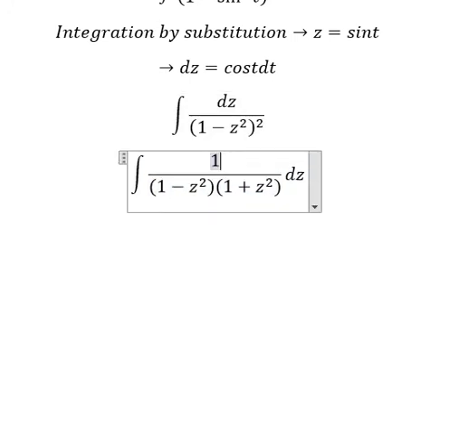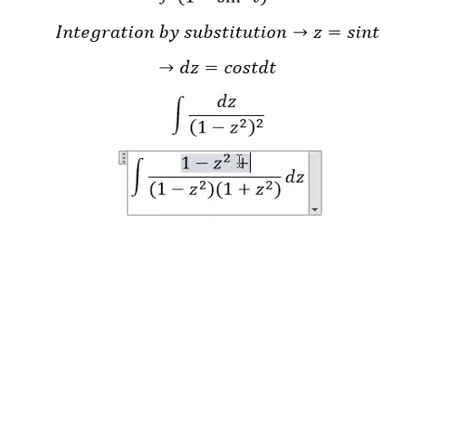On numerator we put 1 minus z square plus 1 plus z square.